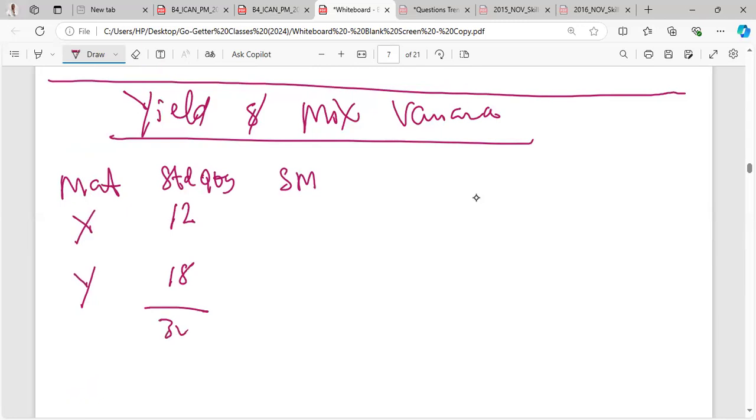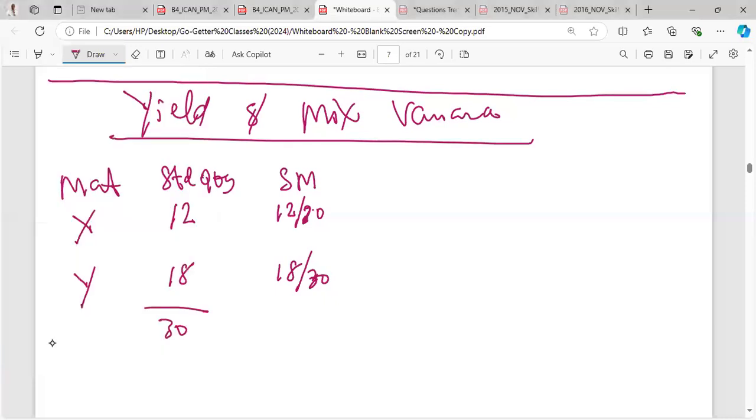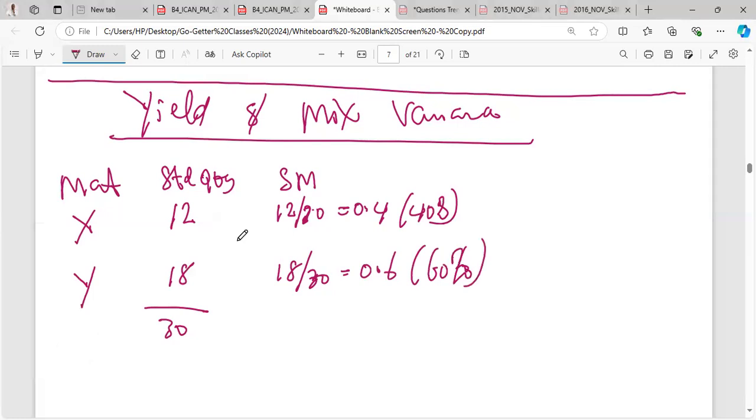Total is 30. Standard mix here is 12 over 30, this is 18 over 30. 12 divided by 30 gives us 0.4, which is 40%. Here is 0.6, which is 60%. So that's your standard mix.